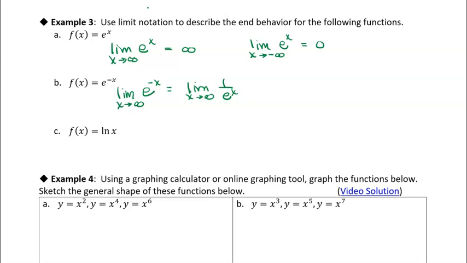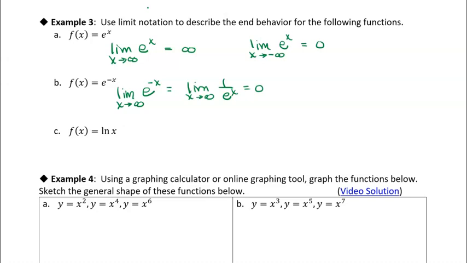So as x goes to infinity, this is just going to go to 0. We're just dividing 1 by bigger and bigger numbers, just like in part A, when we looked at the limit as x approaches negative infinity of e to the x. Okay.